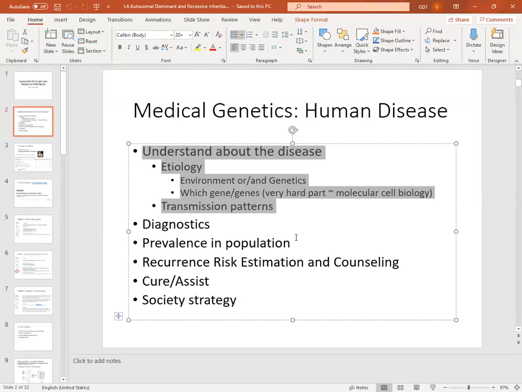I'm talking about the task up there, trying to understand the disease, like the cause of the disease and the pattern of transmission of the disease, focusing on genetic-related disease.